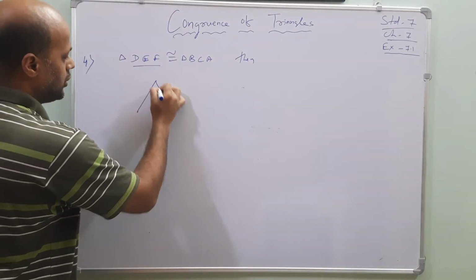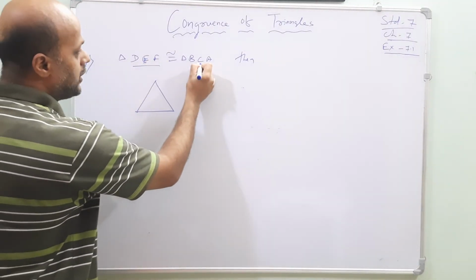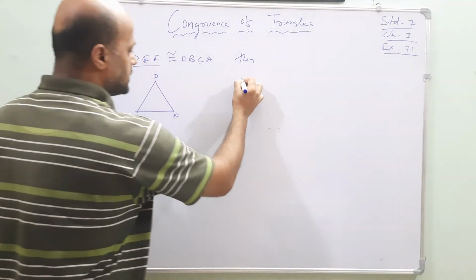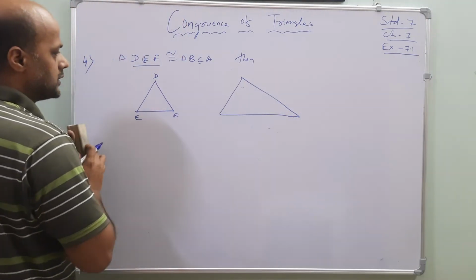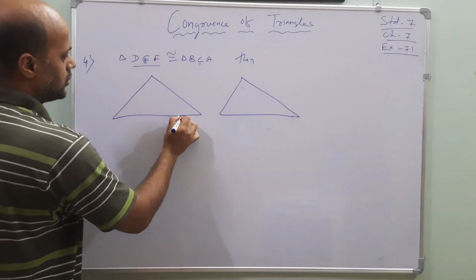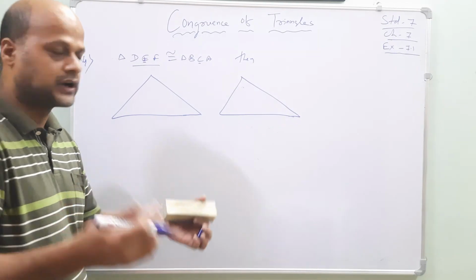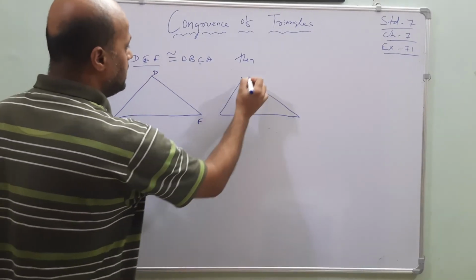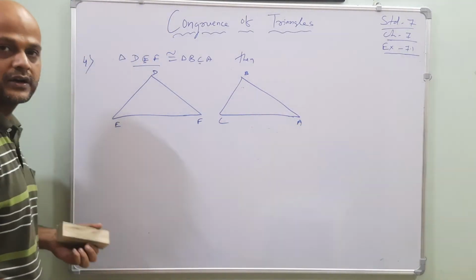Draw it first. Always remember to draw the triangle. You can draw it bigger, no problem. Don't always try to draw an equilateral triangle; go for isosceles or whatever it will be. So DEF and BCA, these two are congruent.